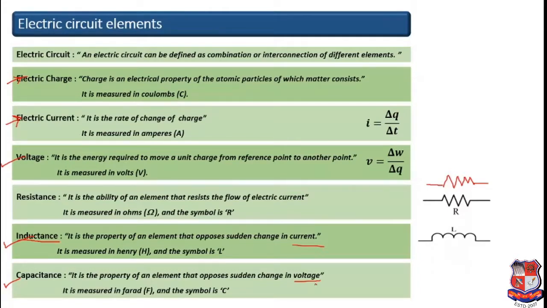If you talk about current, then the inductor would be placed in series in order to control the rapid rise of current. Similarly, the capacitor also tries to control the rise or decay in voltage, and it has to be placed in parallel to the element. This is the symbol.